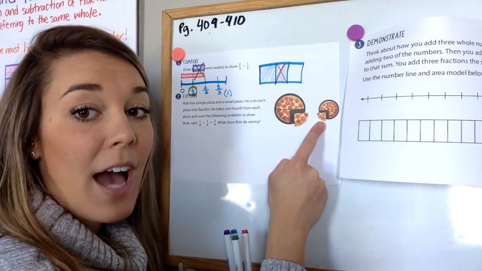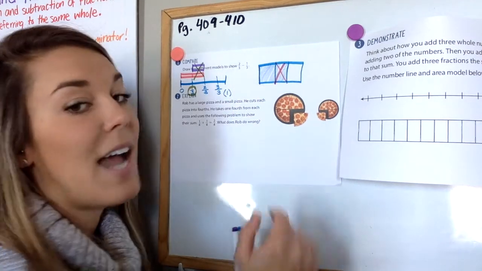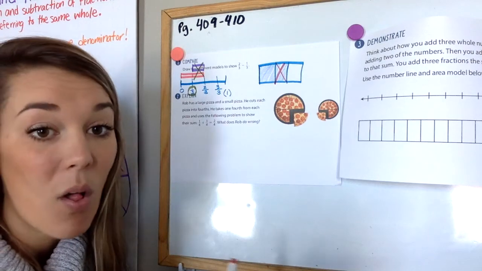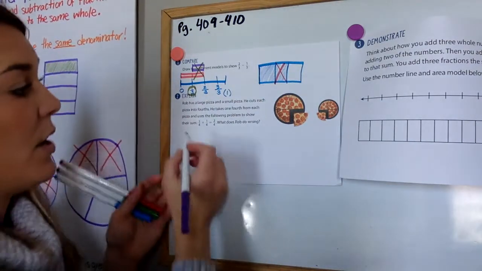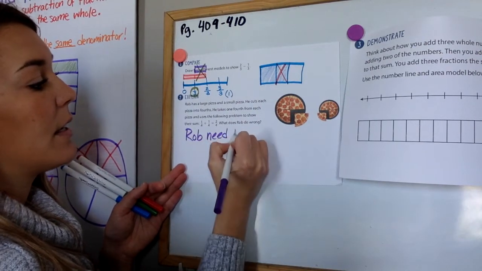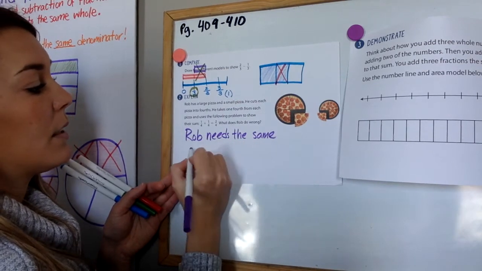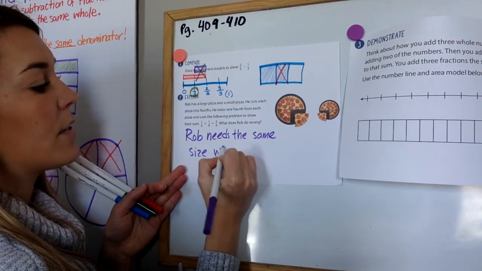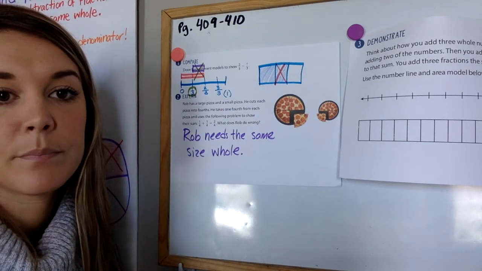So when you're adding or subtracting fractions or comparing them, you must have the same size whole. So he does not have the same size whole. That's why he can't compare. So Rob needs the same size whole. That's his problem, okay?